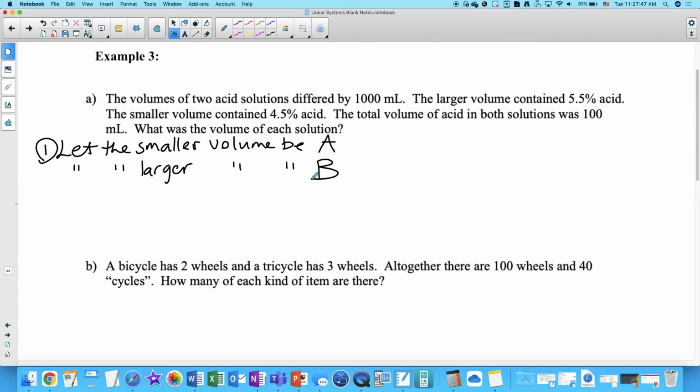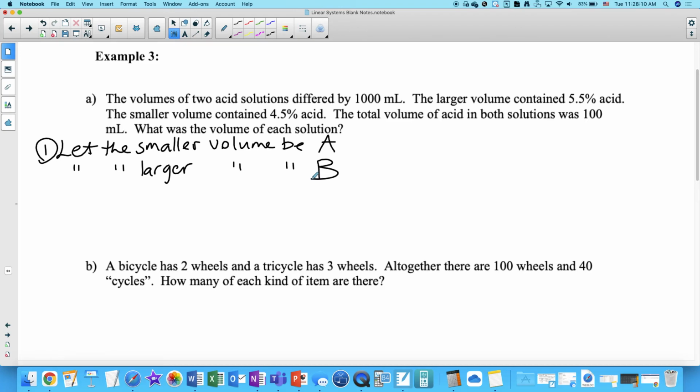Okay. Now, we need to come up with two equations that relate these two together. Do you guys see any totals? Yes, 100 milliliters is a total. What about the 1,000? Is it a total?